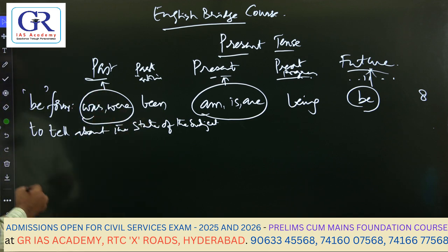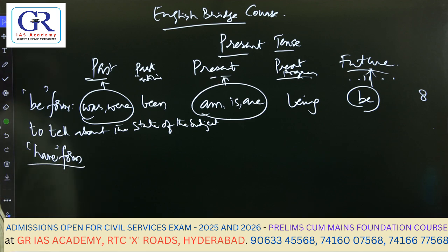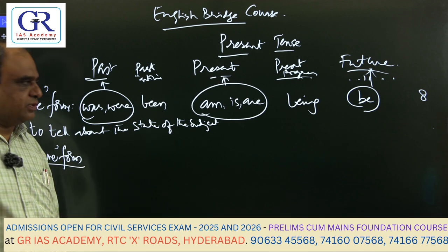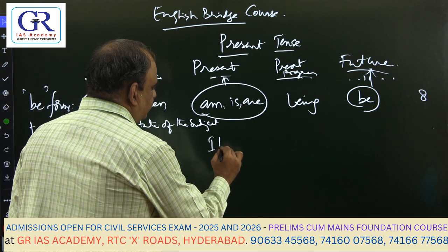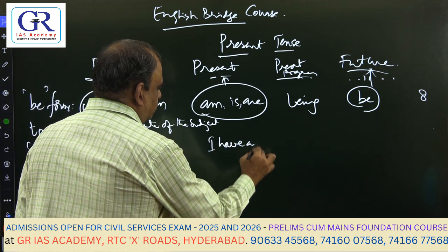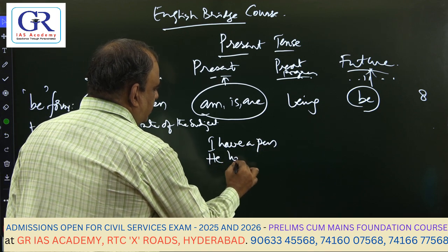Apart from that, one more important thing is the have form, which is useful in writing the tenses. So I will say that I have a pen. He has a pencil.